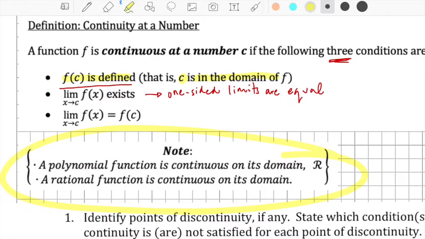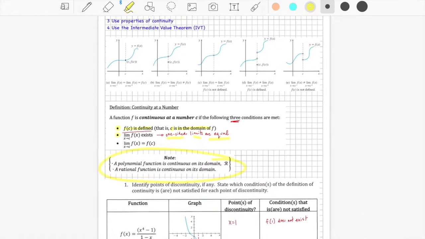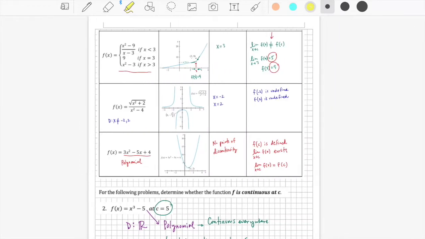Remember, from the beginning, we said that these three conditions have to be met. The first one is, is f of c defined? So we say yes. The second one is that the limit of f of x as x approaches c exists, meaning one-sided limits are equal to each other. That condition is not met.